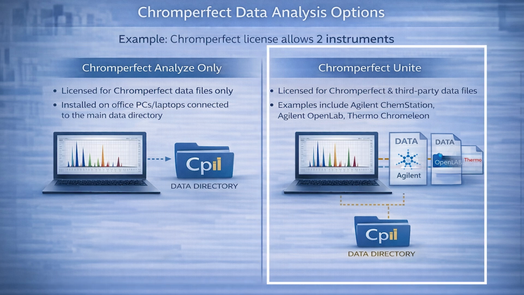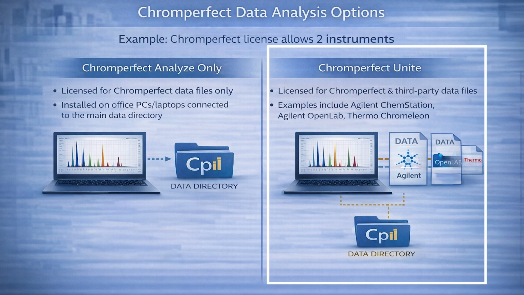Chromperfect Unite. This option allows analysis of both Chromperfect and third-party data. Examples of third-party data sources include systems such as Agilent ChemStation, Agilent OpenLab, and Thermo Chromeleon. Chromperfect Unite may be purchased by labs that use Chromperfect exclusively, but also may require processing capabilities from other CDS systems used by other sites or customers.